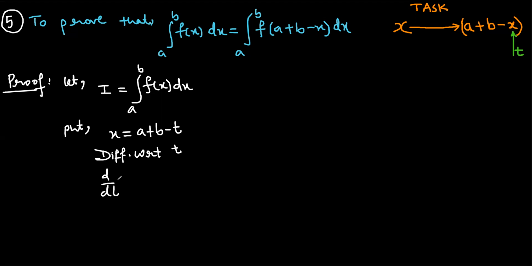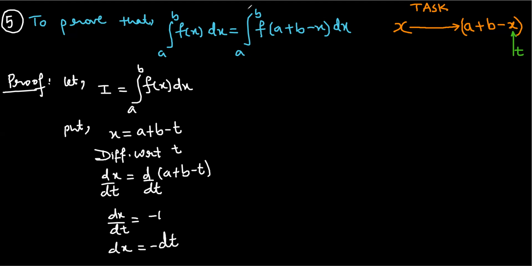I get d by dt of x, and here I get d by dt of a plus b minus t. So this gets me dx by dt on the left, and on the right, derivative of a is 0, derivative of b is 0, derivative of t with respect to t is 1. So I get 0 minus 1, that is minus 1, and this dt multiplies here. I get dx equals negative dt.